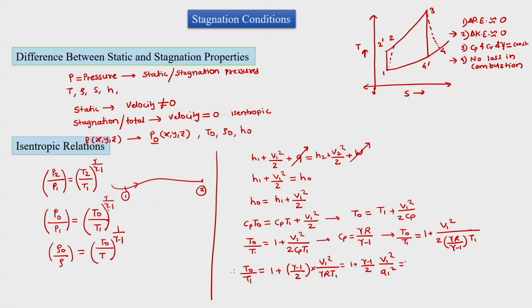But as per the definition of Mach number, it is 1 plus (gamma minus 1)/2 M1 square, since gamma R T1 is equal to A1 squared and V1 upon A1 is equal to M1.